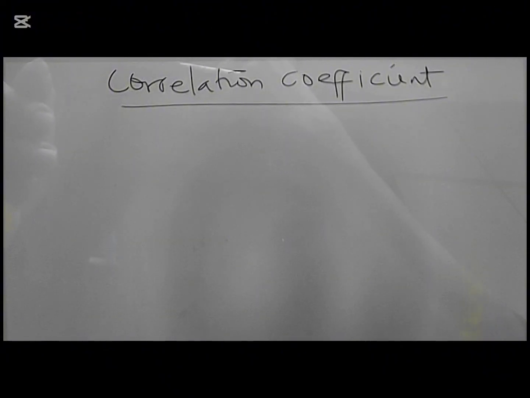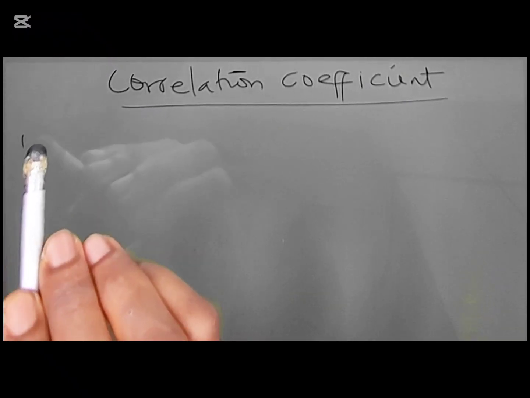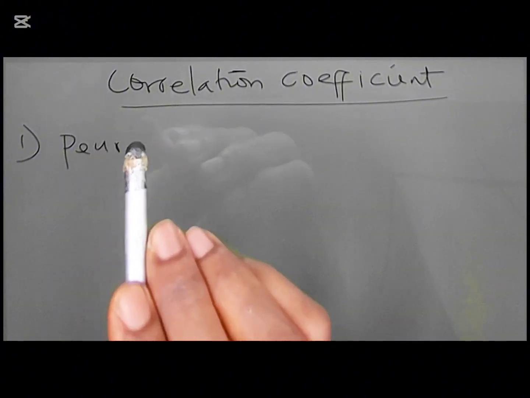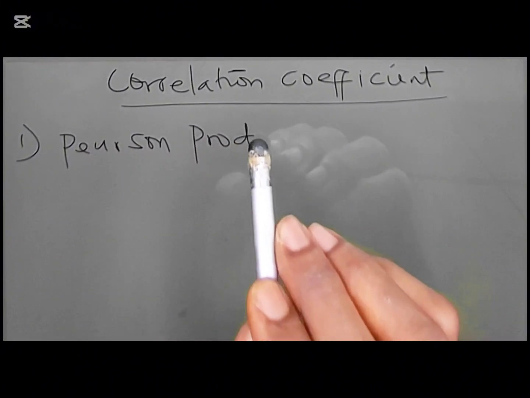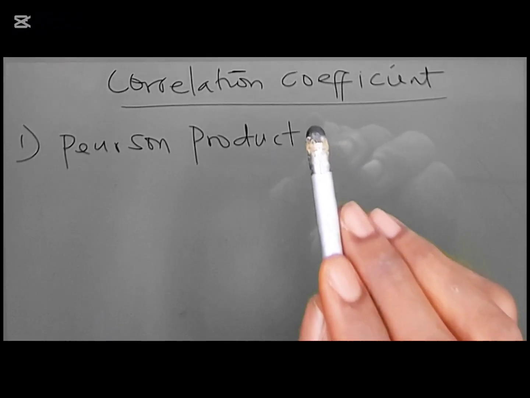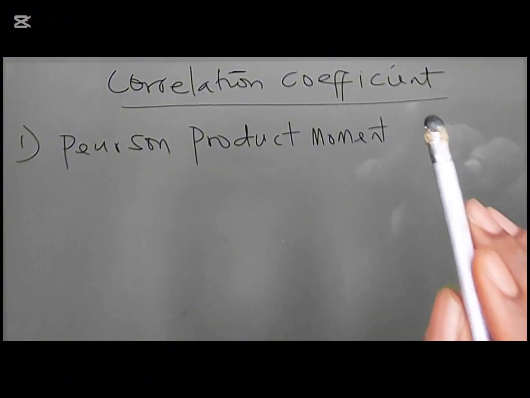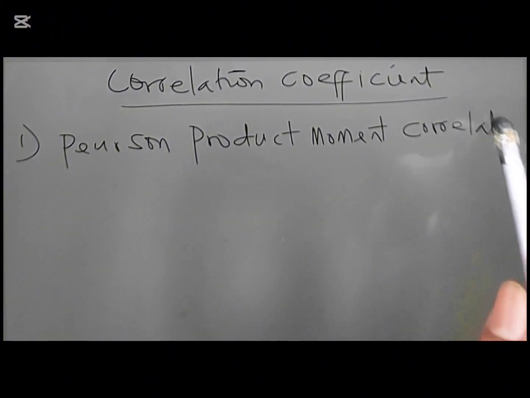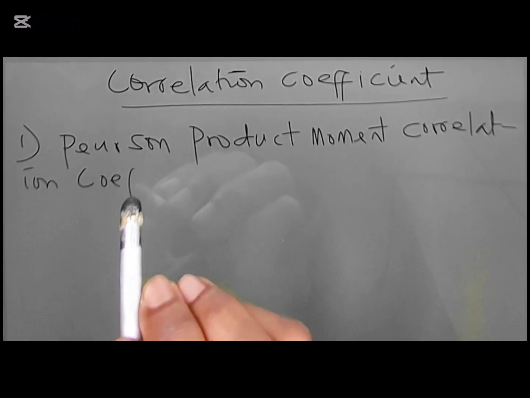methods of calculating coefficient. The first one here is said to be Pearson product moment correlation coefficients. This statement, okay.